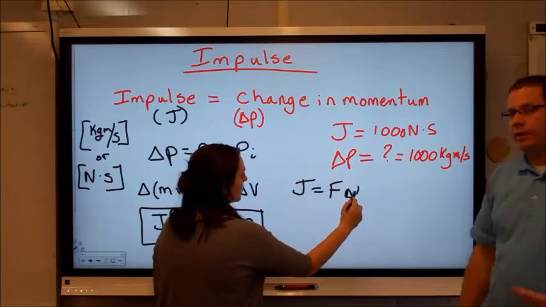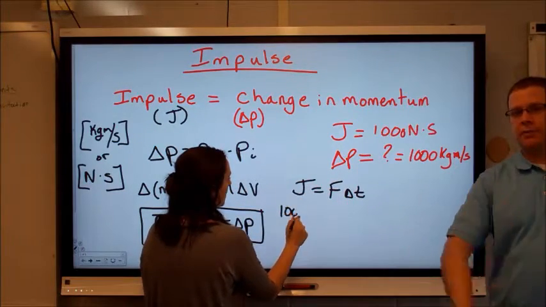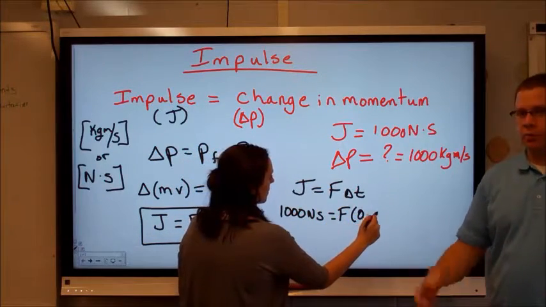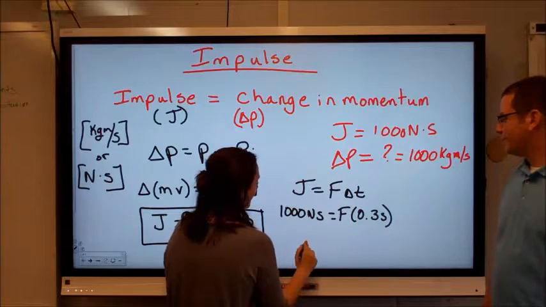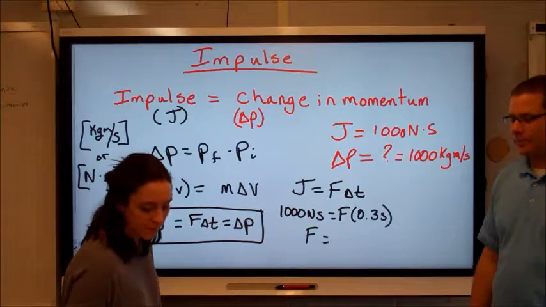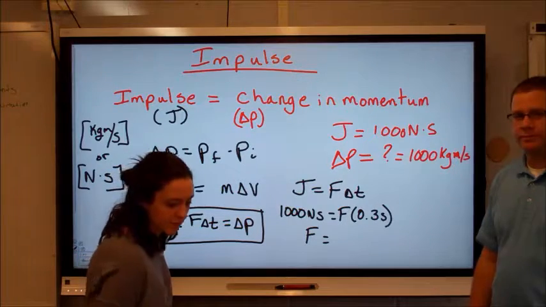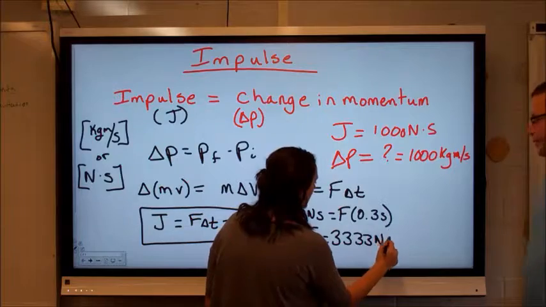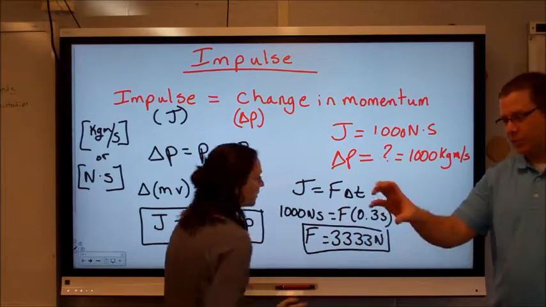So divide the time over to the other side, so 1,000 divided by 0.3, and you get some crazy number. We use calculators for this. 3,333 newtons. That's a lot of newtons for a small little ball.